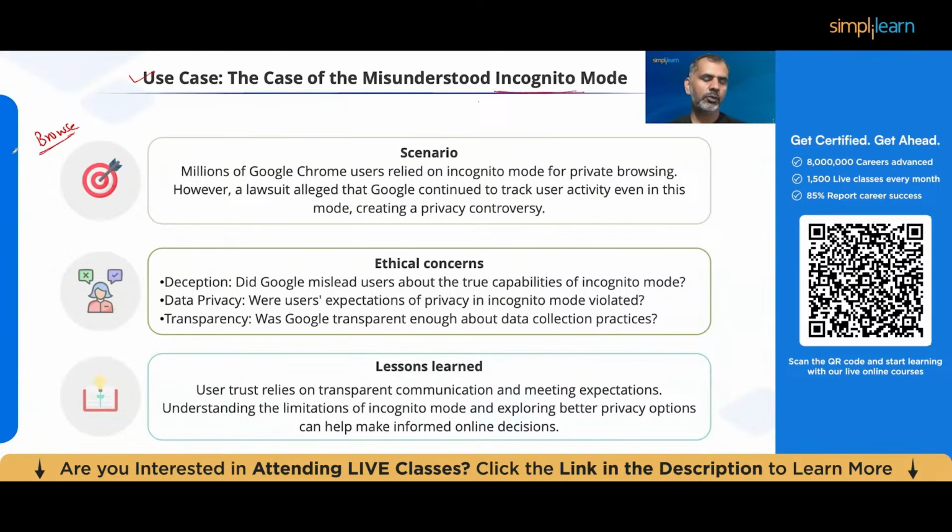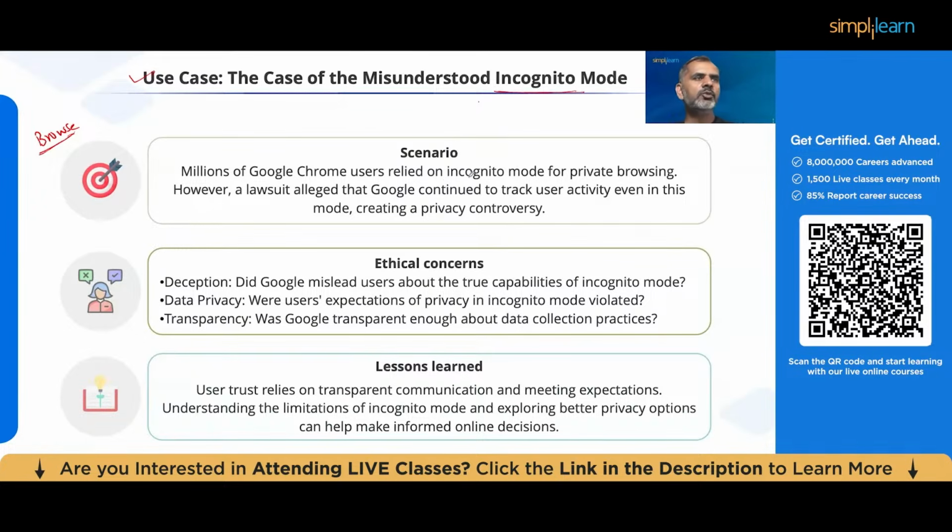There are no cookies stored on your local system, no passwords saved, no history recorded, and in some way you try to maintain your privacy. But what if you got to know that Google is recording that piece of information while you are working in incognito mode?